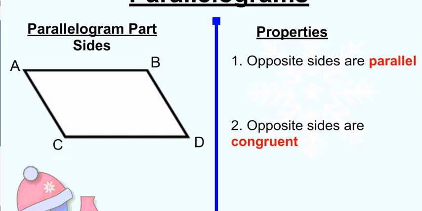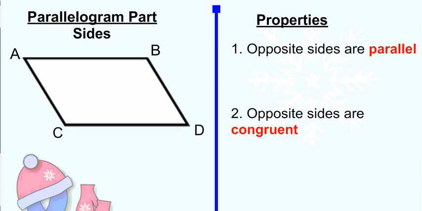So let's look at some of the properties of a parallelogram. Okay, so the parallelogram and its sides. Opposite sides are parallel. Okay, so that means side AB is parallel to side CD, and line AC is parallel to line BD. Okay, so that's one of the properties that we just know.